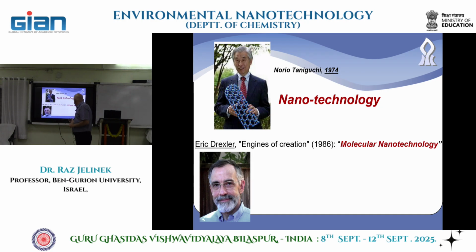In the 80s, this guy, who was actually not a scientist, his name was Eric Drexler, wrote a book called Molecular Nanotechnology. Back then, when people read the book, they thought he was a joker. They thought he had just gone crazy.